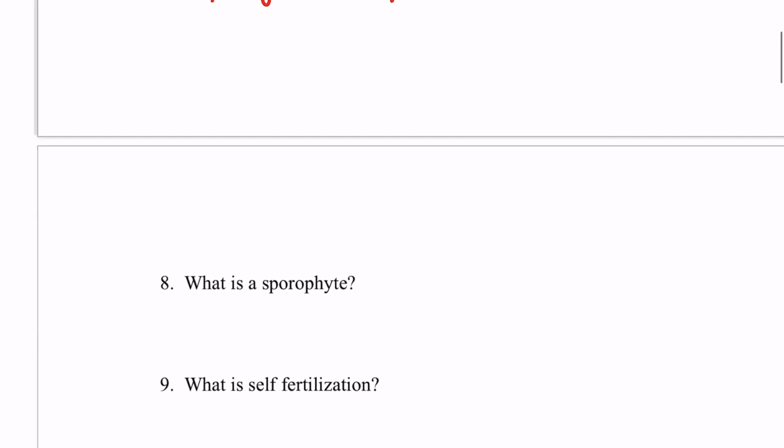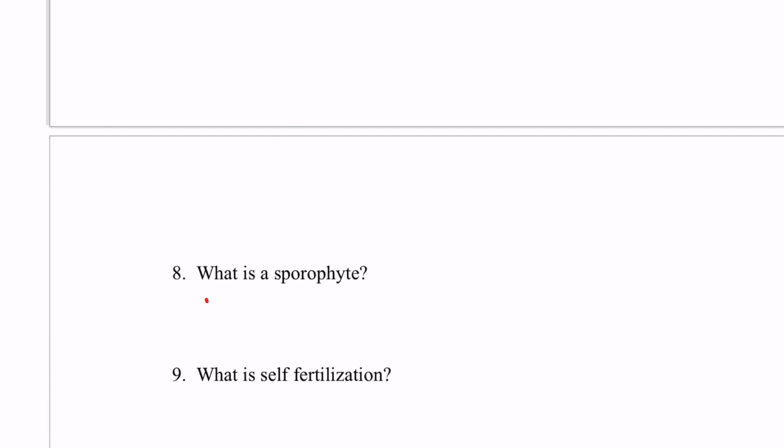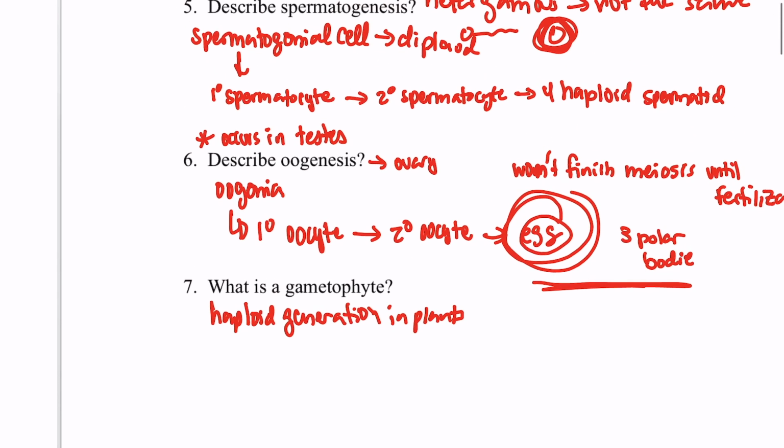And then our sporophyte is our diploid. And then the sporophyte will produce spores, which are haploid. And it's kind of like the sperm equivalent for plants. Right? Our spore is like our spermatogonial cell up here.